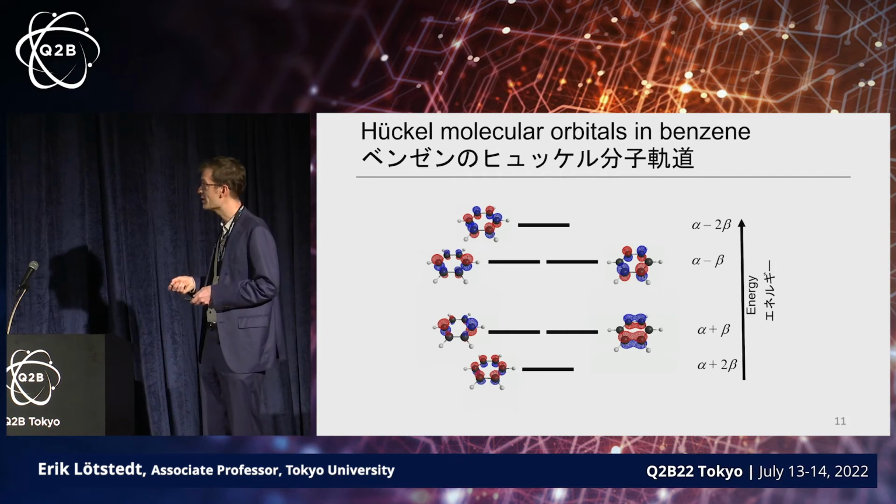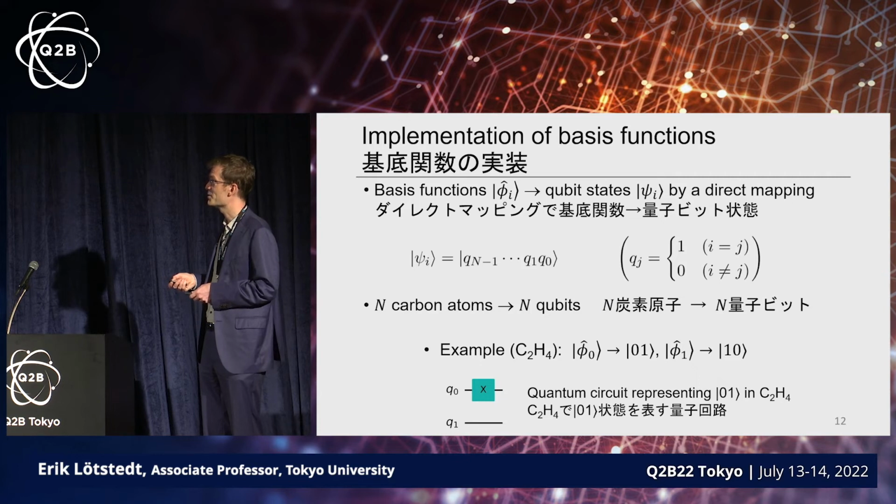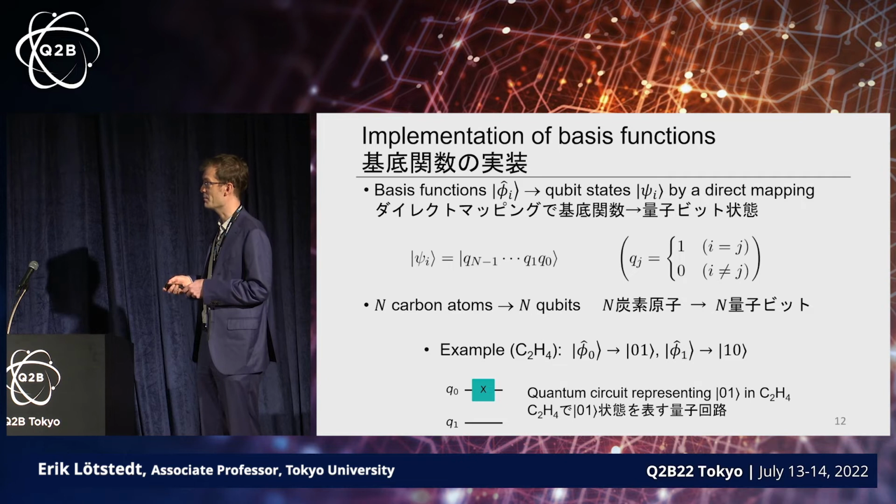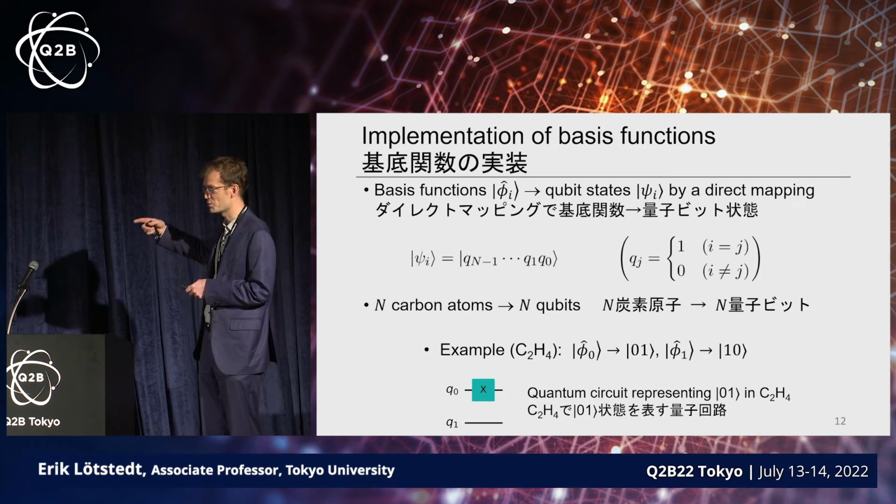And then we represent the orbitals in a kind of direct way, by saying that an orbital on the ith carbon atom is represented by a qubit state where the ith qubit is in the excited state. So all the qubits are 0, 0, 0, 0, and only one qubit is in the excited state 1.